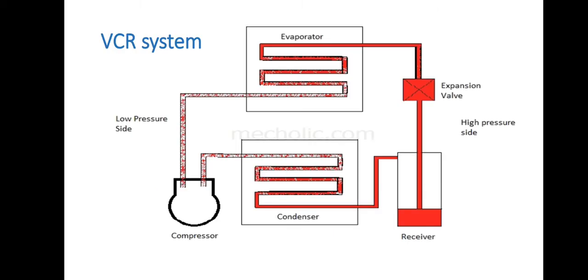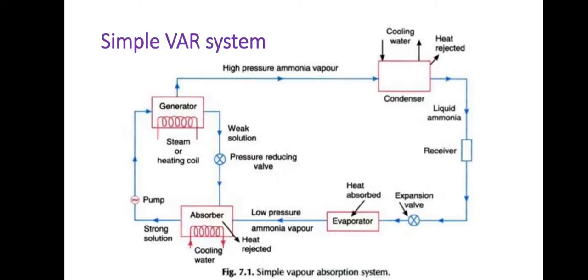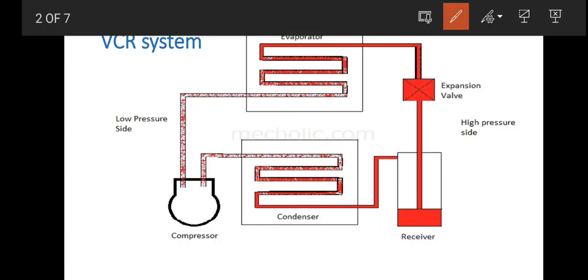So in the vapor compression refrigeration system, the first component is the compressor. In the compression process, 1 to 2, the refrigerant in gas form will be compressed and its pressure and temperature will be increased.